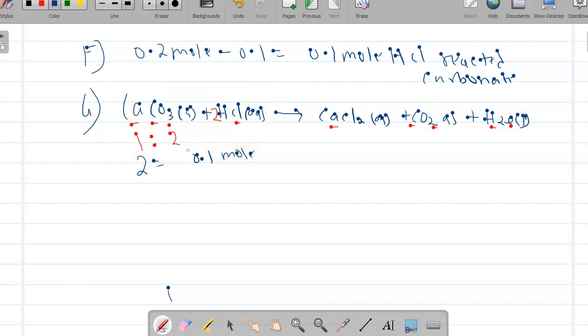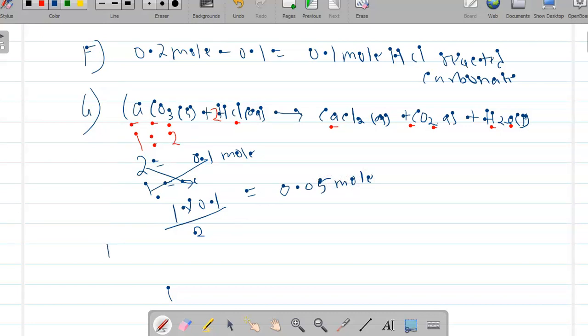What about 1 mole ratio here? We don't know. Then you cross multiply: 1 times 0.1 divided by 2. You get 0.05 moles. That's how you get it.